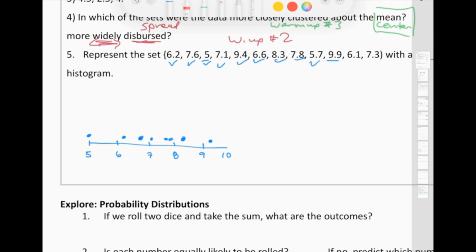Okay, so here is my dot plot. And that didn't give me great results.